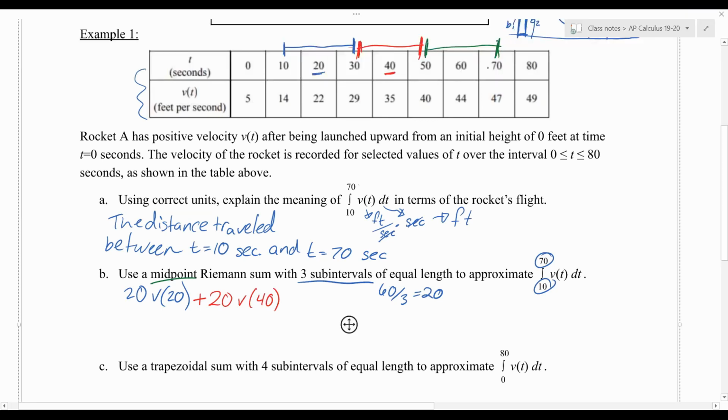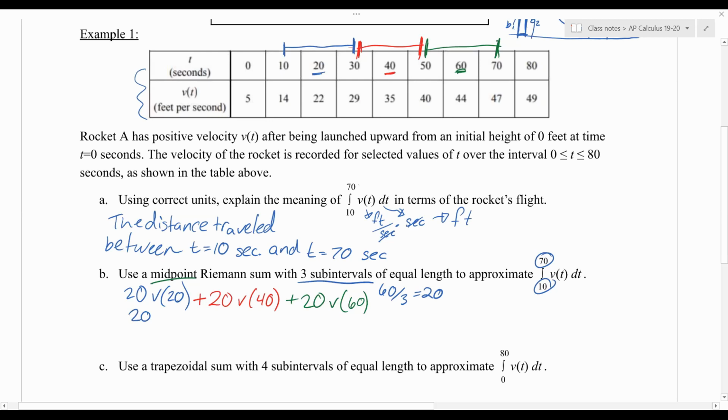Finally, in our last interval, 20 is the base, the midpoint is 60, so we're doing 20 times v of 60. I like to put v of 20, v of 40, v of 60, because if I accidentally make a mistake, they know what I meant to write, and I can get some points for this, even if I put the wrong value there.